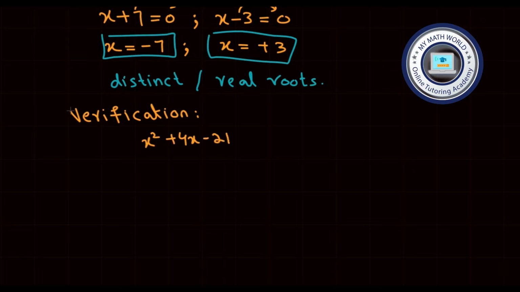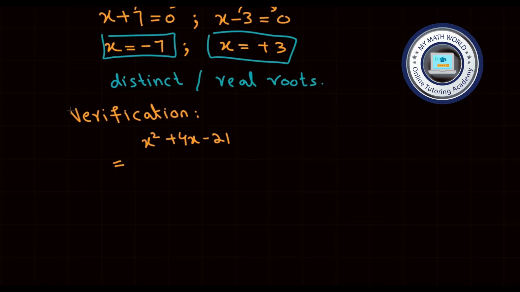This is the left hand side of the equation which was given, the example which we took to apply the method of factorization. What we have to do here is put these two roots one by one in the equation and check whether the equation is satisfied, or whether both sides of the equation are equal.